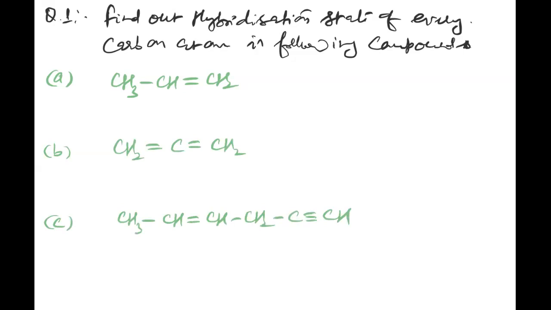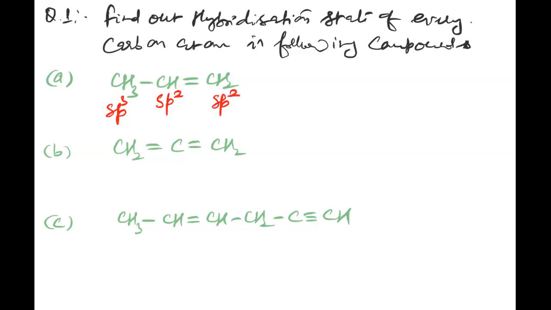In this case, this carbon is found to be sp3 hybridized, as this carbon is forming 4 sigma bonds. The next carbon is forming just 3 sigma bonds, so it should be sp2 hybridized, and this carbon is also forming 3 sigma bonds, so it is sp2 hybridized.